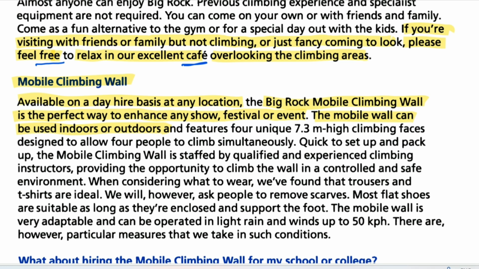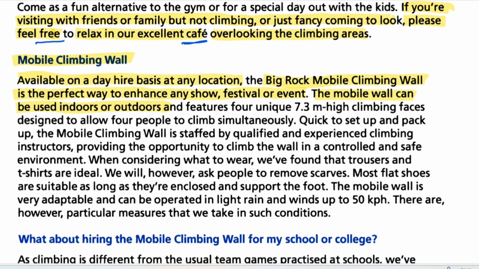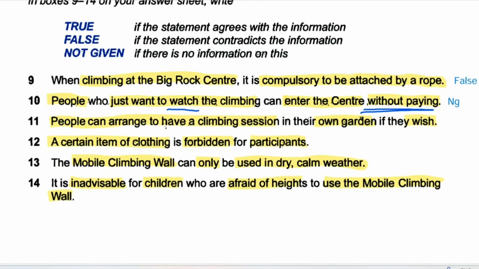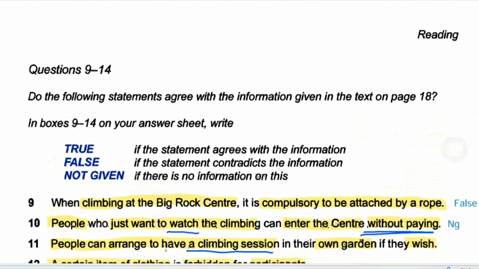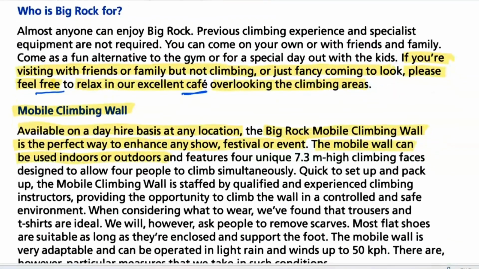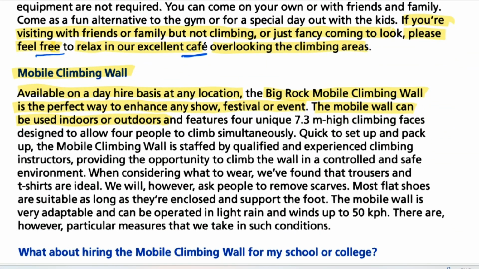Guys, have a look at this. Mobile climbing wall, movable climbing wall, and you will use this climbing wall, of course, to have a climbing session, right? So mobile climbing wall is nothing but a climbing session. See how smartly they're using synonyms and paraphrasing. A climbing session is nothing but mobile climbing wall. Okay? Now, the mobile climbing wall is available on a day hire basis at any location.